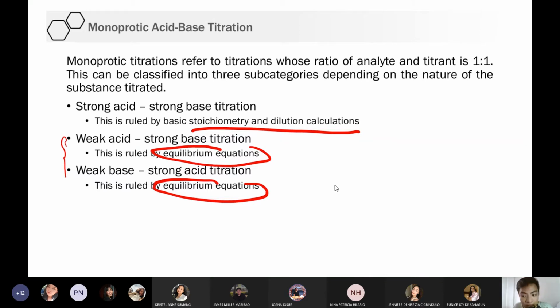So take note of this, kasi basta alam niyo yung inyong analyte at inyong titrant, madali na lang. Again, kapag strong acid or strong base ang meron tayo, stoic yung susundin natin na equation. However, kapag meron tayong weak acid or weak base, ang gagamitin nating equation ay yung equilibrium equations.